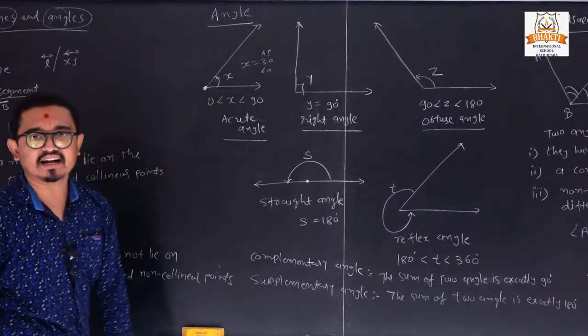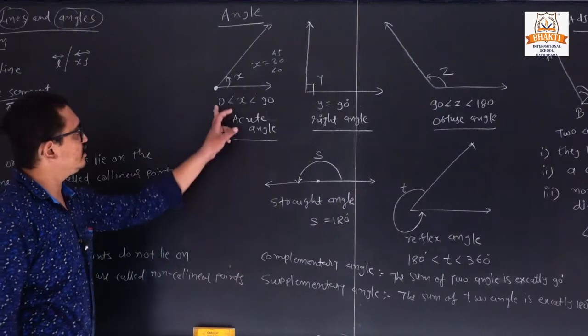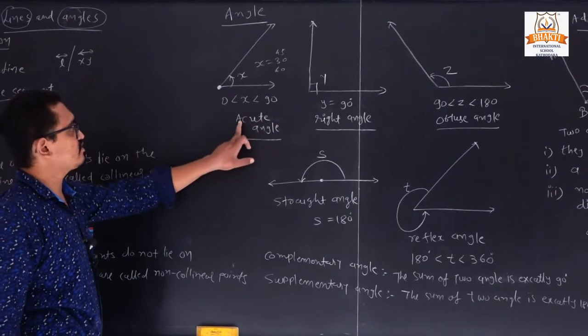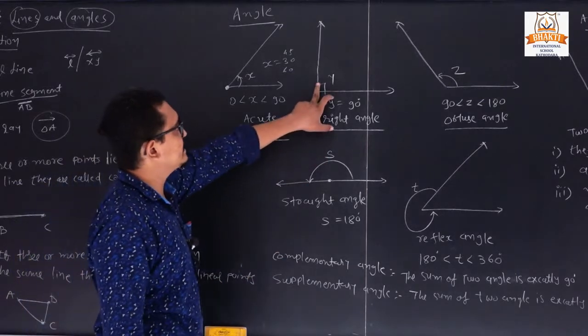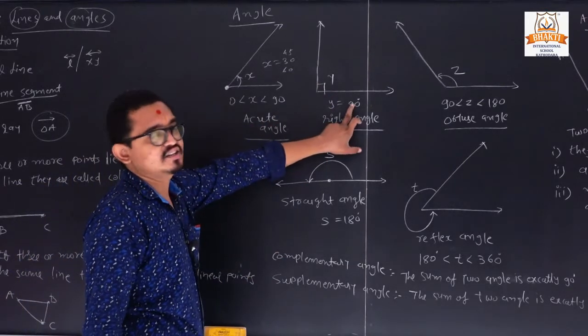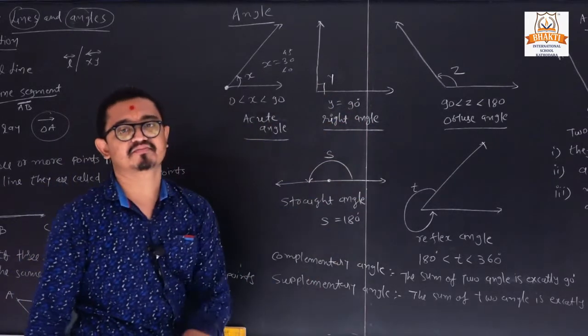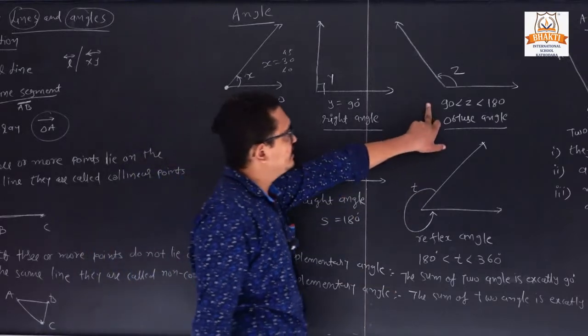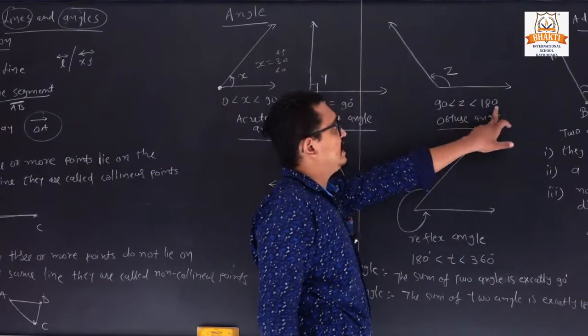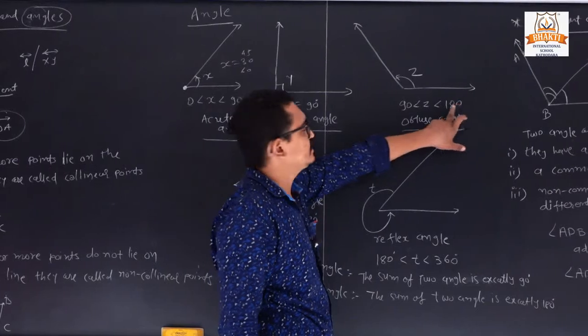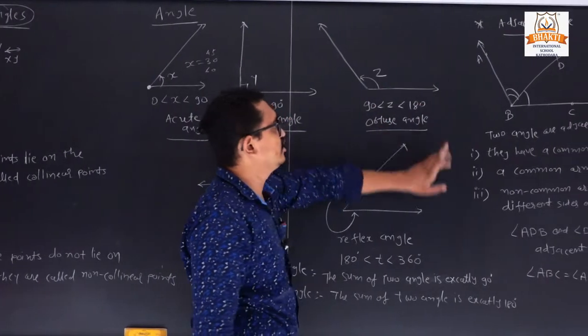So the angle between 0 to 90 degrees is called an acute angle. If the angle is exactly 90 degrees, it is called a right angle. And if the angle is more than 90 degrees but less than 180 degrees, this kind of angle is known as an obtuse angle.